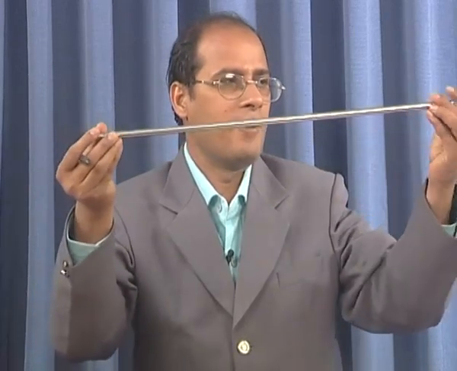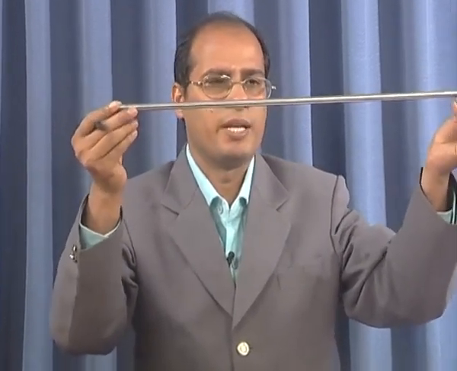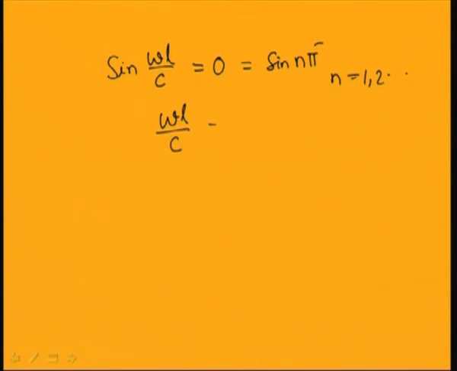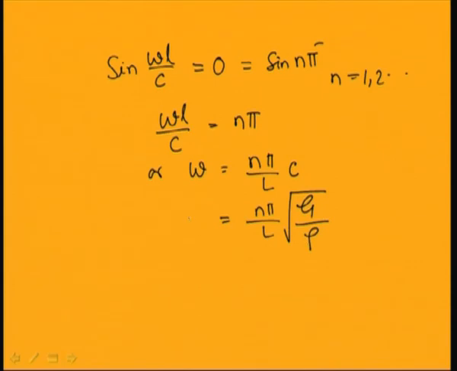This shaft will have an infinite number of frequencies, and in this case you can write omega L by c equal to n pi, or omega equal to n pi by L into c, where c equal to root over G by rho. So this is the expression for omega. So you can observe that.